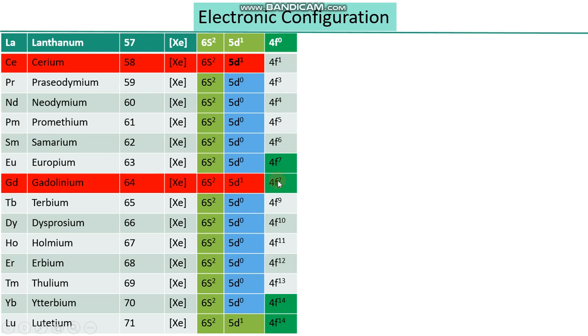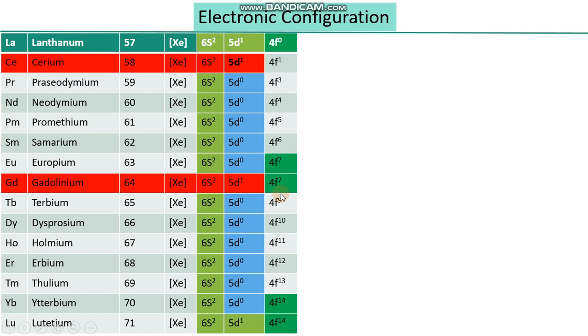The next electron, which would make 4f8 as we expect according to the rules, that eighth electron will enter into 5d, leaving the 4f half filled in order to attain the required stability.